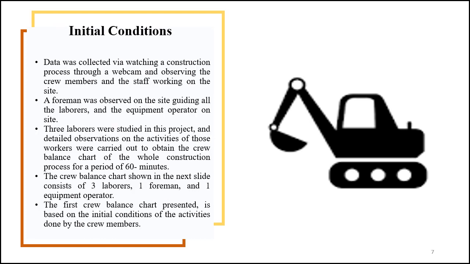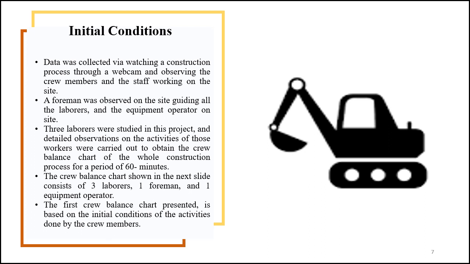Initial conditions of the case. Data was collected by watching a construction process through a webcam and observing the crew members and the staff working on the site. A foreman was observed on the site guiding all the laborers and the equipment operator. 3 laborers were studied in this project and detailed observations on the activities of those workers were carried out to obtain the crew balance chart of the whole construction process for a period of 60 minutes.